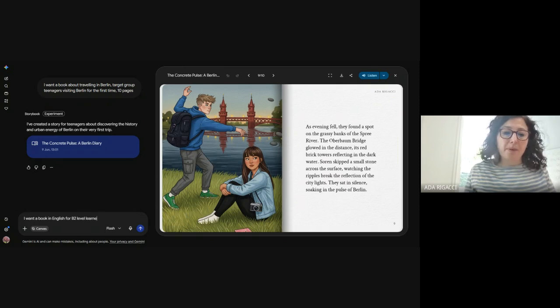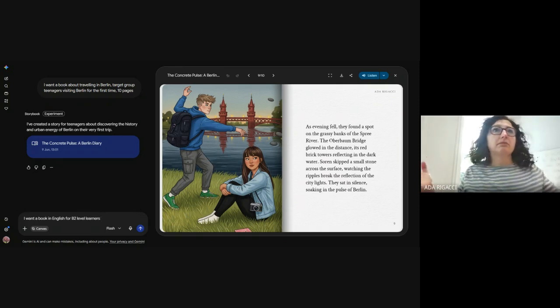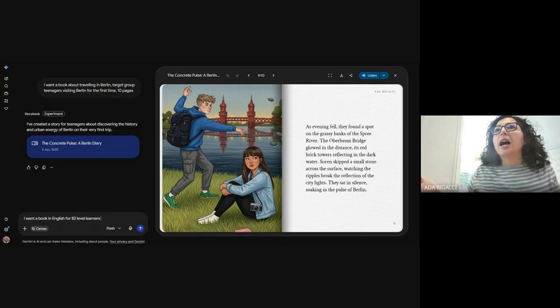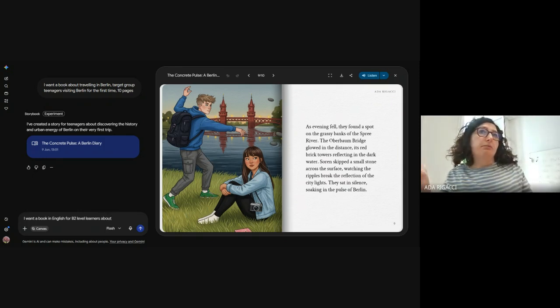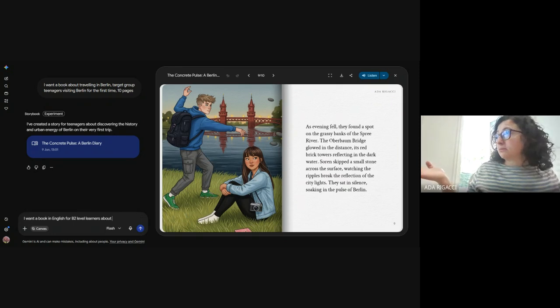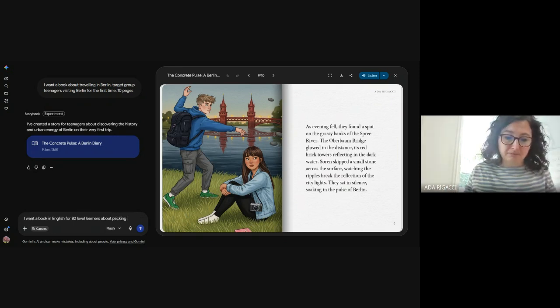Learners. Topic. Maybe something interesting for you about VR, about energy, about whatever we like. So English for B2 level learners about traveling, pirates, packing suitcases, I don't know. Learning all the vocabulary connected to it.